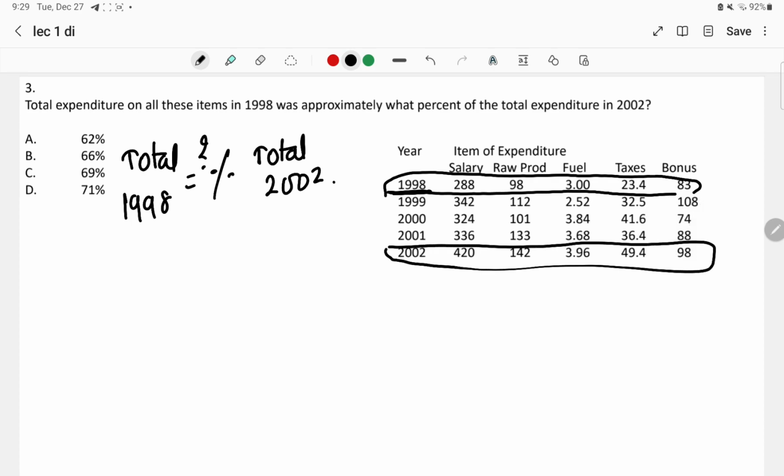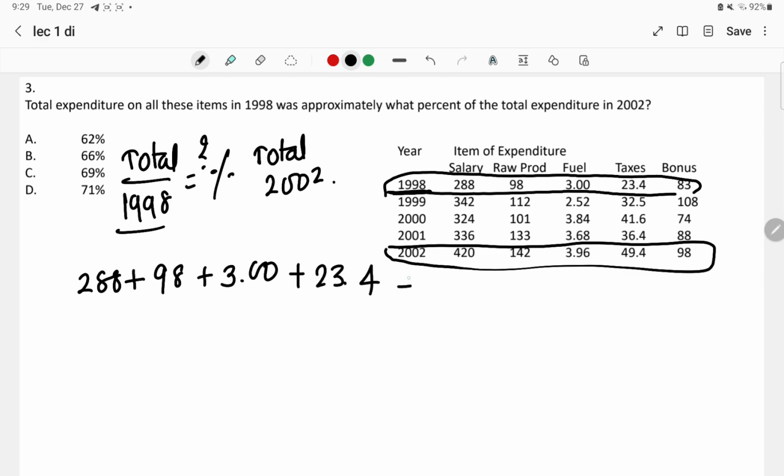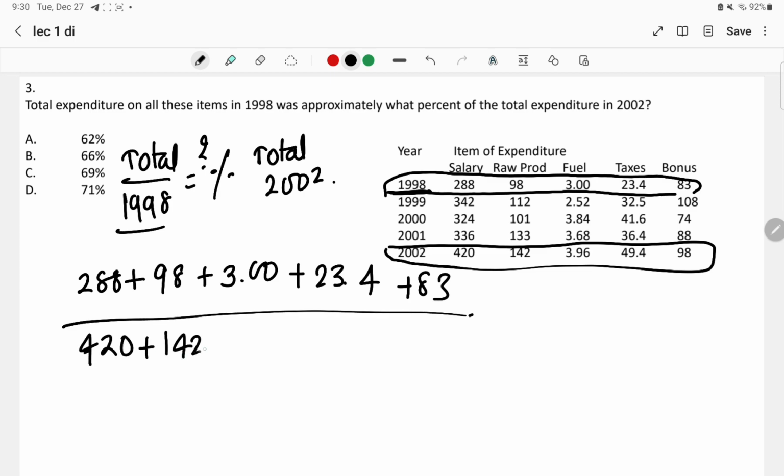Okay, divided by that and multiplied with 100%. Total expenditure of the company in year 1998 is 288 plus 98 plus 3 lakhs plus 23.4 plus 83 upon 420 plus 142 plus 3.96 plus 49.4 plus 98 into 100 percentage.